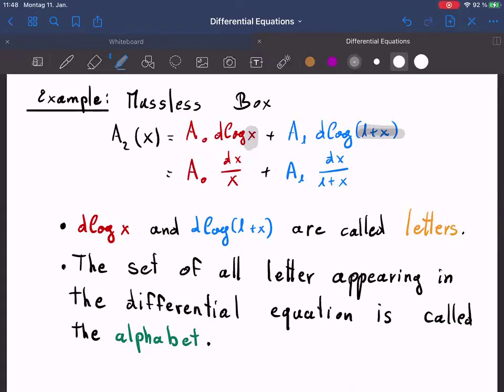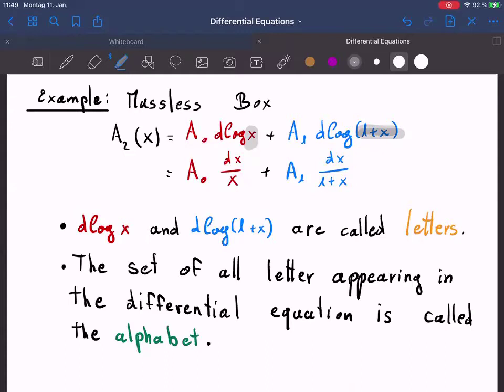Before we do that, just a comment, something that you often see in the literature. You often hear people talk about alphabets and letters in this context. The letters are these d logs, the d log x and d log 1 plus x. This is what people call letters. The set of all letters is called the alphabet. So that's all the possible independent d logs that you have in your differential equation. Why are they called alphabets and letters?